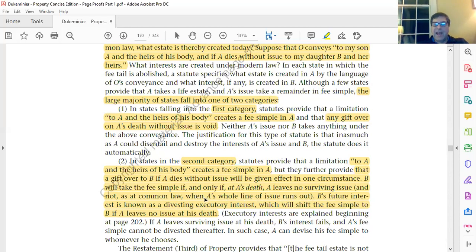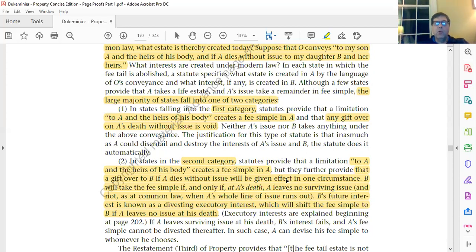When the last of A's descendants dies, then B is entitled to possession of the estate under the common law fee tail. So the failure of issue determination is indefinite. It can happen at any point in time when A's bloodline runs out. But in category 2 jurisdictions, they modify it.